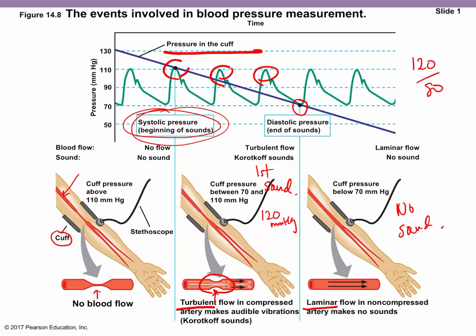It's a way of gauging how your heart is working to pump blood through your vessels, and there are all kinds of different things for blood pressure. We'll look at blood pressure at the end of this chapter, but that's basically the way we take it, and you should understand the mechanism between the sounds: why you would hear a sound at systolic pressure and why the sound goes away.